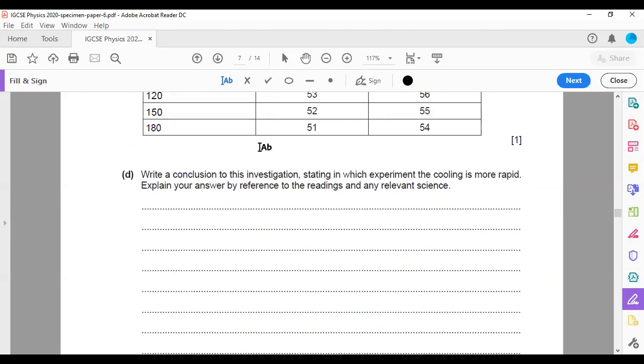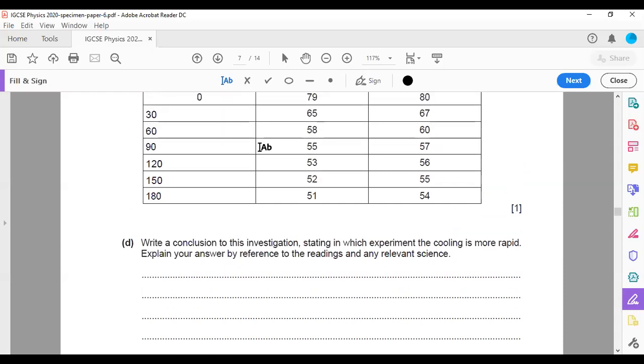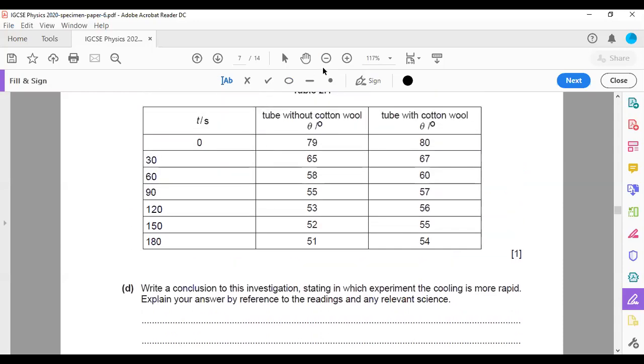So before writing the conclusion, let us pay attention to what we could analyze out of this whole experiment, because one of your questions is an analysis. So from 0 to 30, the temperatures with and without the cotton wool were close.